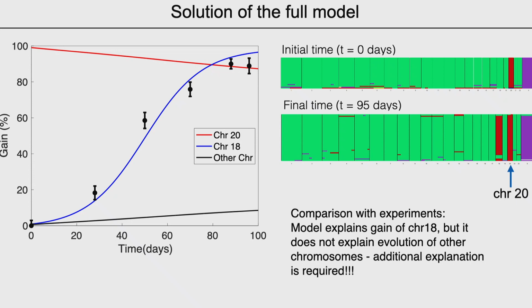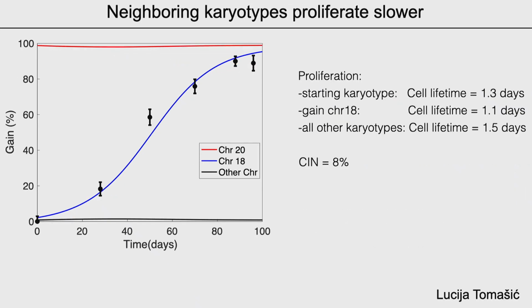So it was obvious that in addition to the parameters that I have here, I also needed some additional information. So for other karyotypes, we said that they proliferate slower than the original karyotype and also than the karyotype of this chromosome 18. When we did this, actually we could explain the observed karyotypes completely.